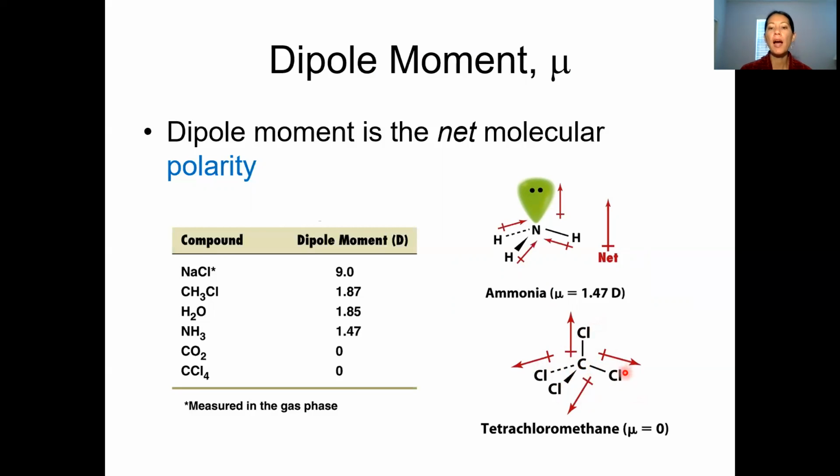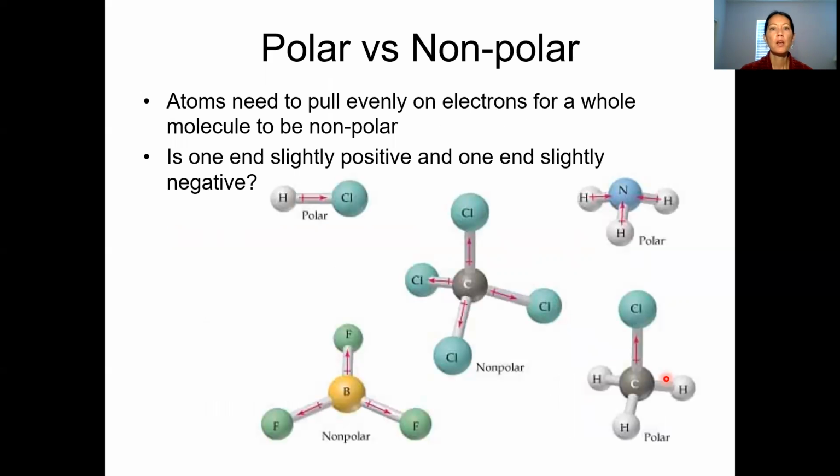Think about 4 identical twins, or I don't know what that word is, quadruplets, pulling evenly on a rope. No one's going to win out over the other person. So overall, the dipoles cancel and the net dipole is 0, nonpolar. So again, you're looking at bond polarity and shape to determine polarity of a whole molecule.